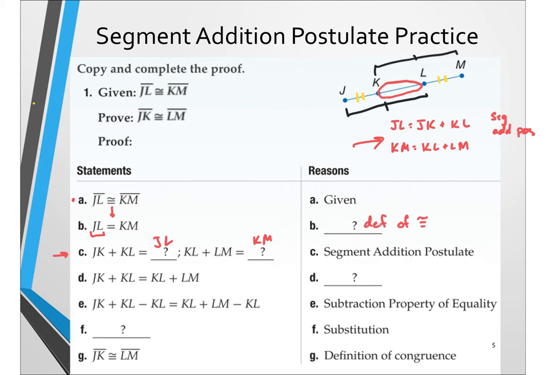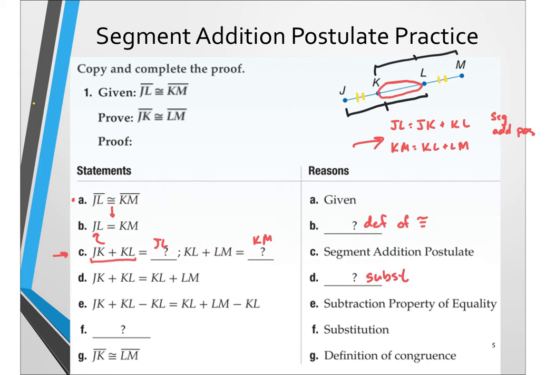All right. Now, let's look at this. Since we know that JL is equal to JK plus KL, I can take this information and plug it in. I can substitute it for JL. So this property right here is going to be substitution.